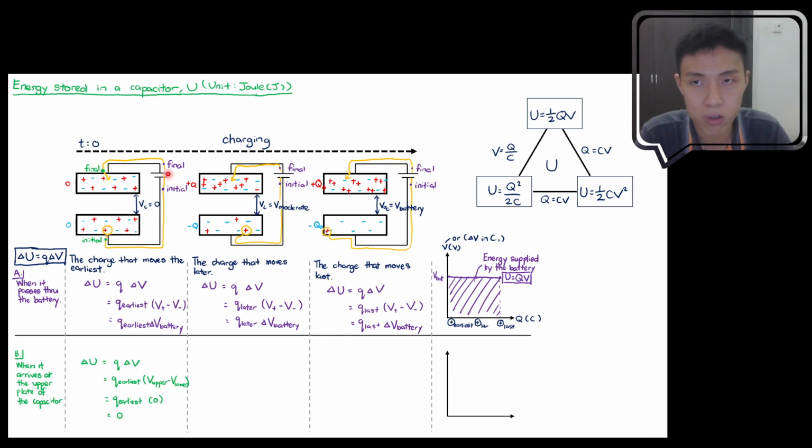So if you happen to gain 5 Snickers bars from this battery, and you know that there's no change at the end, you still arrive at 2. That means what you receive here, you have to throw out immediately. The amount of energy that you receive from the battery, you have to give out somewhere before you come to the upper plate, because there's no change to energy when you arrive here.